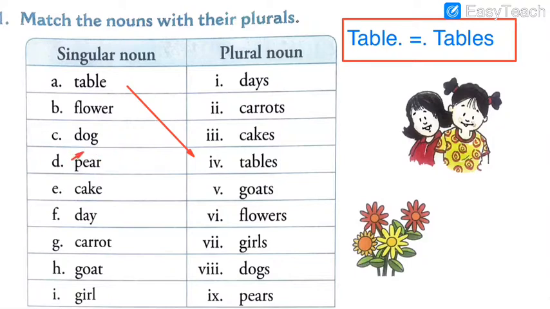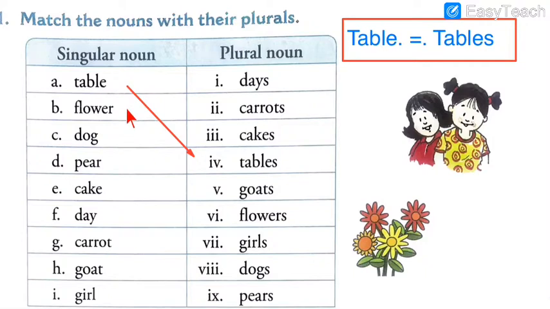Next one is flower. Now where can you match the flower with? Can you match flower with the days? No, it is not the plural of flower. So now students, here what will be the plural of flower? Obviously we just have to add s.